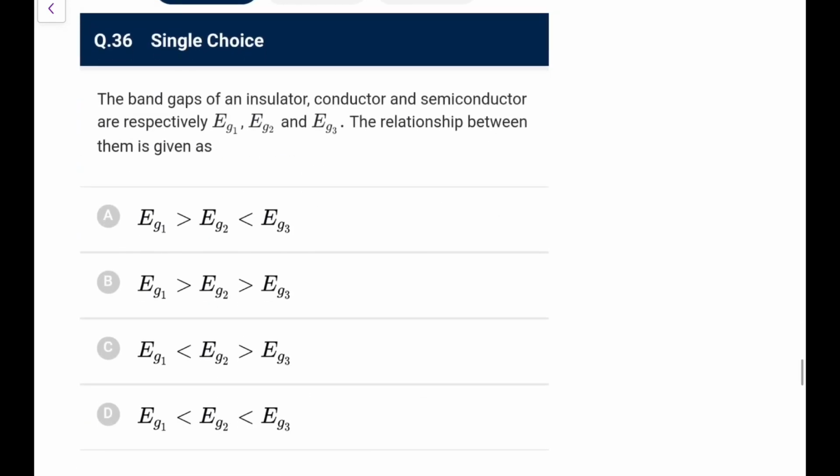Next one, the band gaps of insulator, conductor, semiconductor, what is the relationship? This is the easiest one. This has the largest, this has the least. So EG1 is maximum and EG3 is minimum.